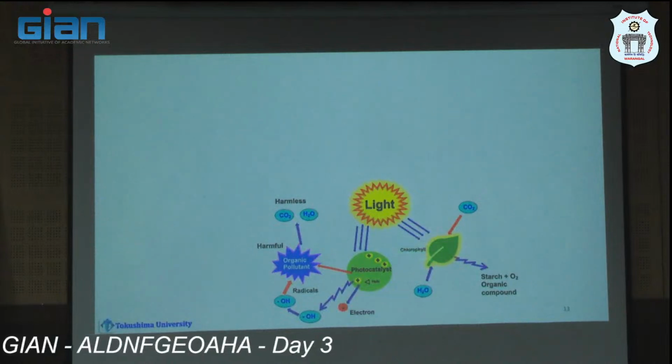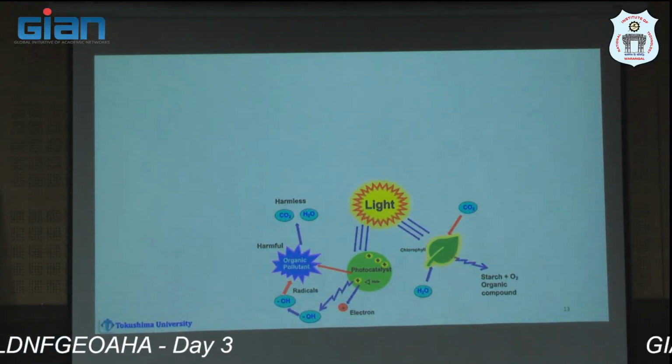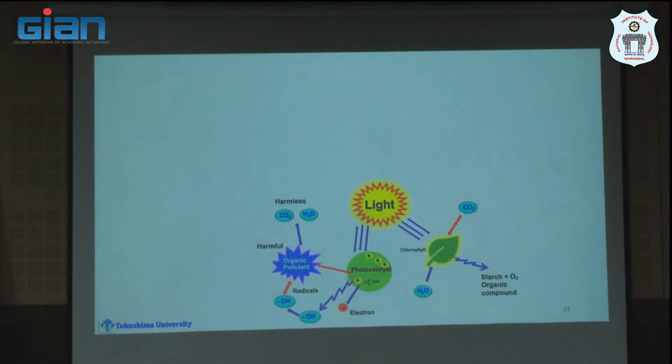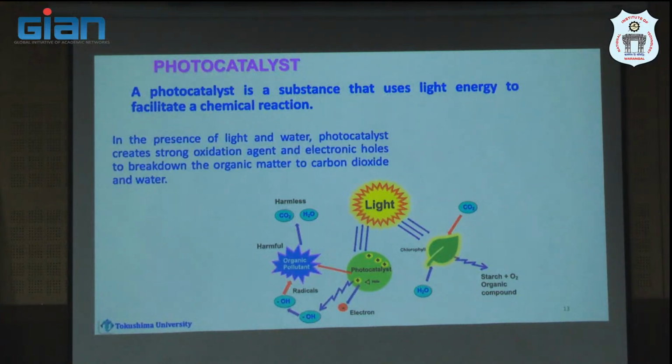There is chlorophyll which assists this process. A similar concept is used in photocatalysis, because we are using a photocatalyst. In photosynthesis, chlorophyll helps to create the oxygen.